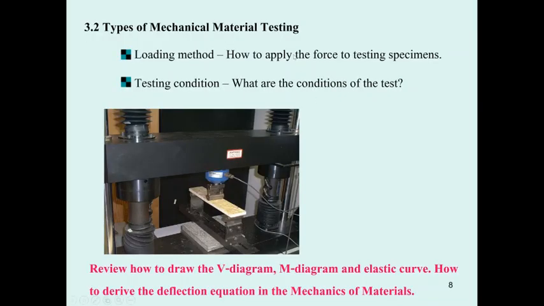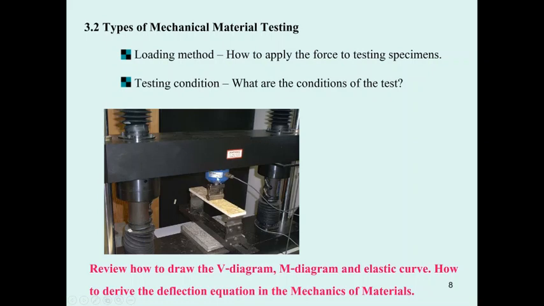Okay, and then we go to the types of mechanical material testing. In the types of mechanical material testing, we can separate by the loading method and the testing condition. For the loading method, we consider how to apply the forces to the testing material. You may recall from this picture, we have the strong beam on the top of it.